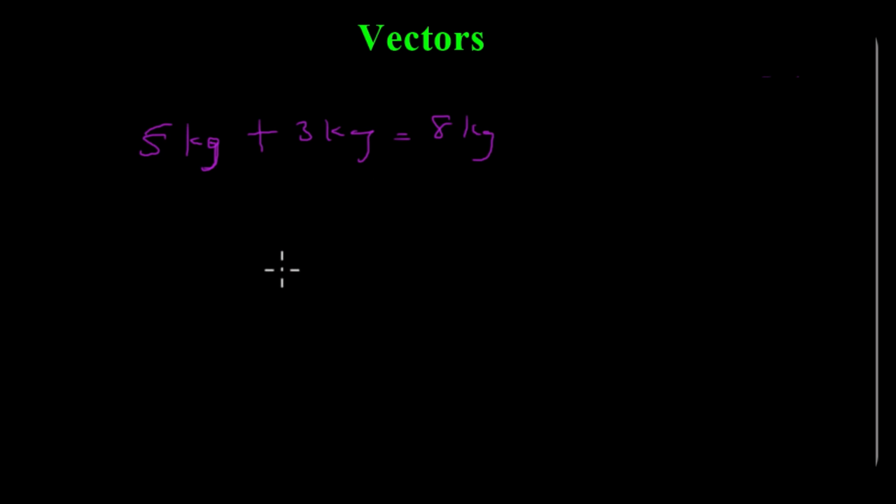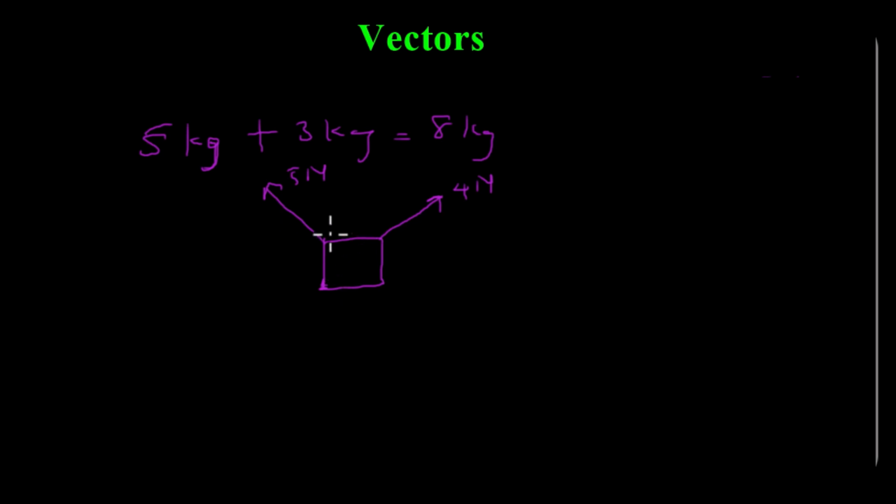But what if we have a vector quantity, let's say a force being applied on a box. I have a box like this, and I apply a force in this direction. Let's say this force is 4 newtons, and then I apply a force in this direction, let's say 5 newtons.